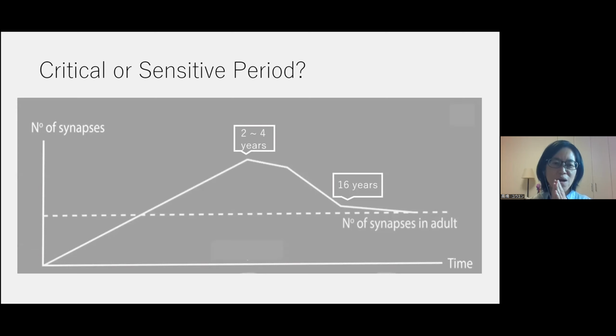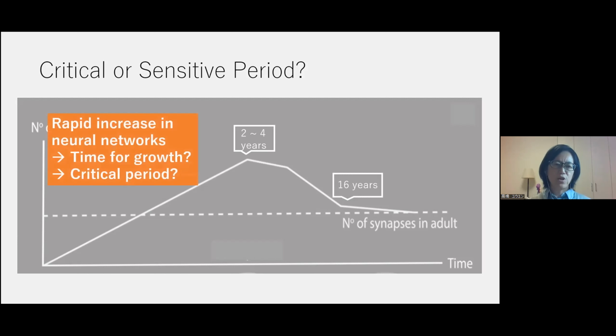This is just my thoughts. Thinking back to the graph of the development of the synaptic network, we saw this graph of increasing and then decreasing. And I just wonder about this debate between critical versus sensitive period, if they can be looked at from this perspective.